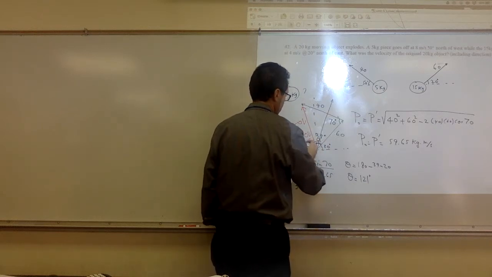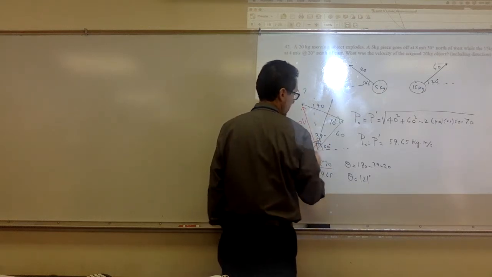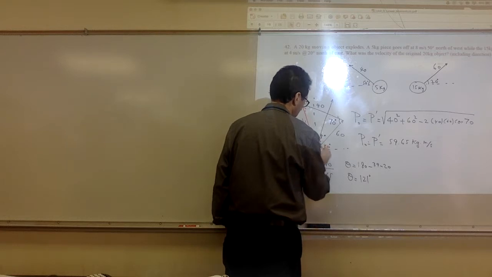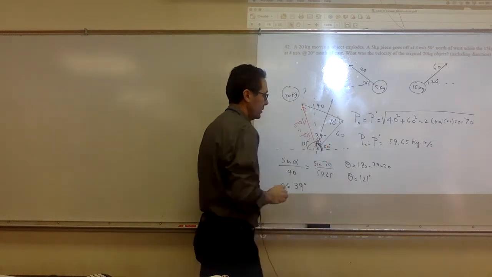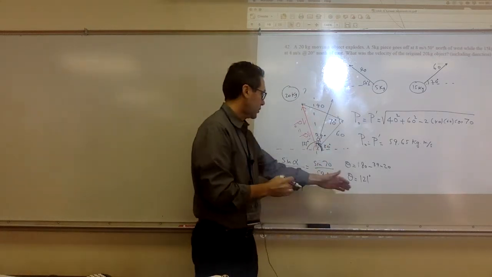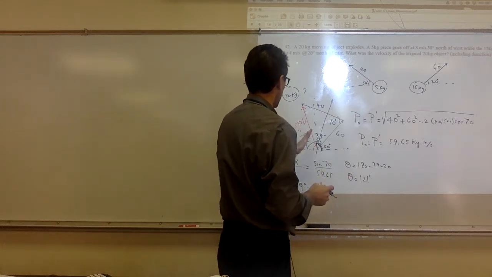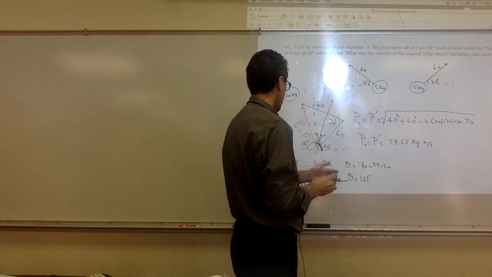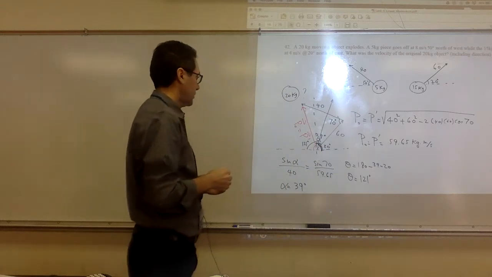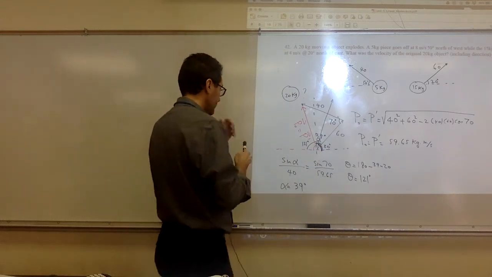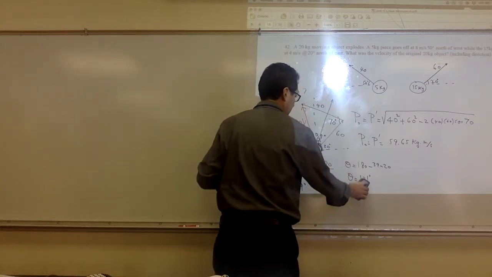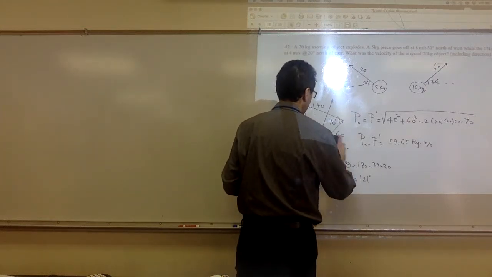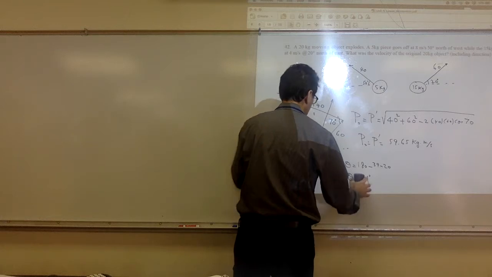This here is 121 degrees, which means this angle here is 59, just based on how I drew it. If I had drawn it going up this way in the beginning instead of going this way, I would have gotten the right answer from the beginning. So it's not 121, but it's 180 minus 121. It's the supplement, in other words.